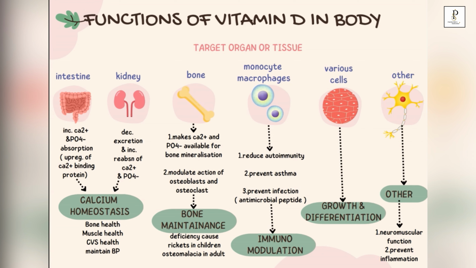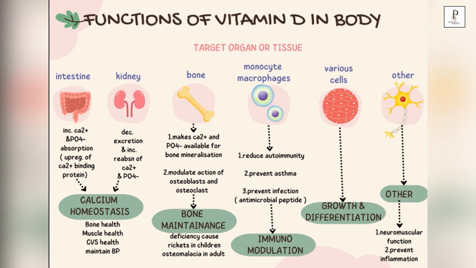Next function comes to bone maintenance. How does vitamin D maintain the structure of the bone? First thing is it makes calcium and phosphate available for mineralization of bone. That's why vitamin D promotes mineralization of bone. Also it modulates the action of two cells. There are two cells present inside bone.